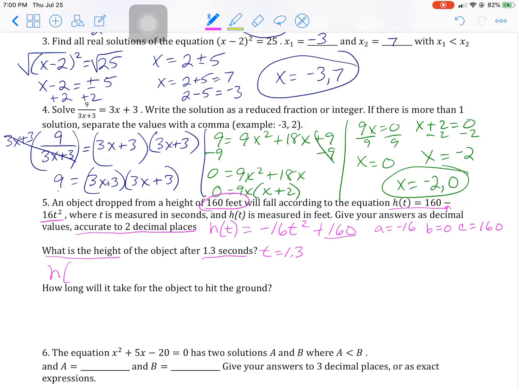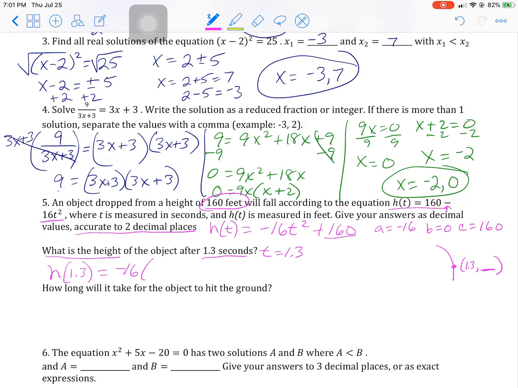Okay, so we need the height where it is when, okay, it says it's dropped, right? It says, where is it after 1.3 seconds? That means we're looking for a y, or the h of t, for 1.3. So when t is 1.3, what is h?